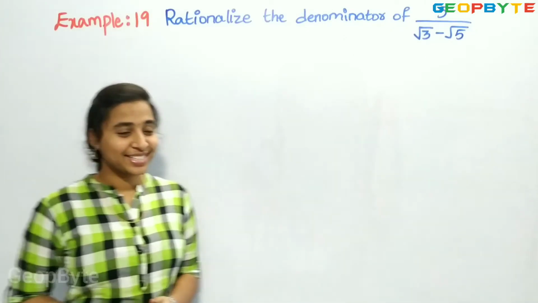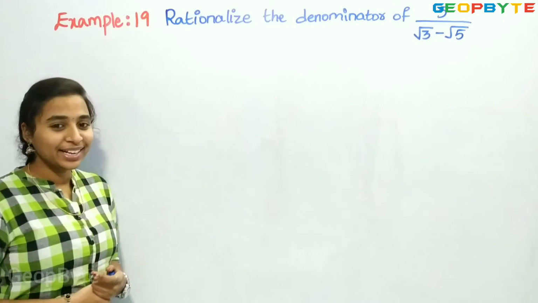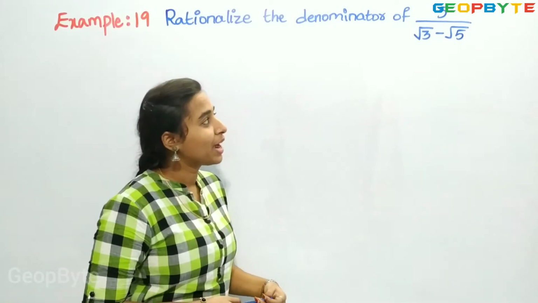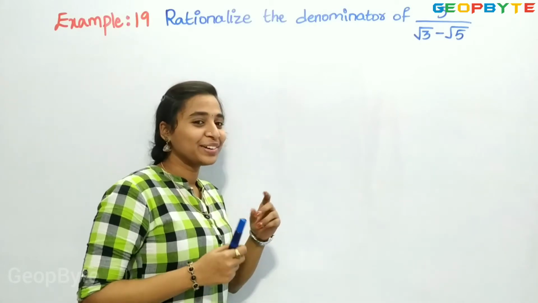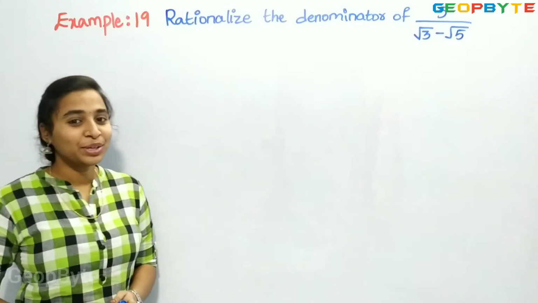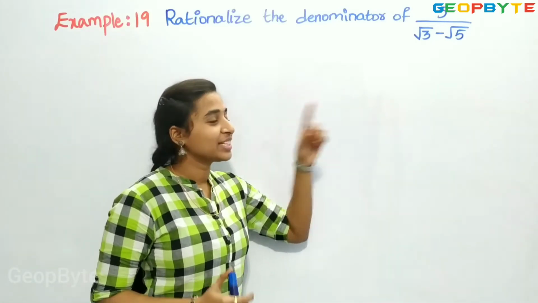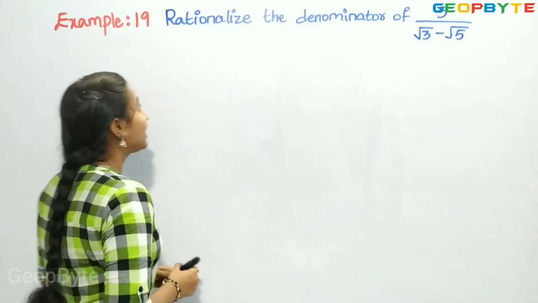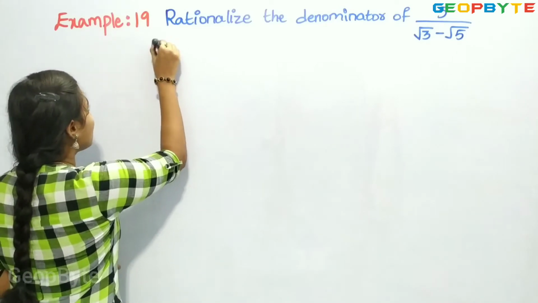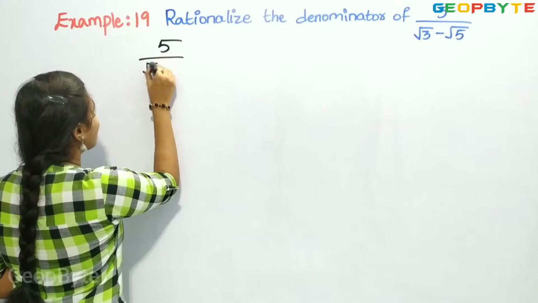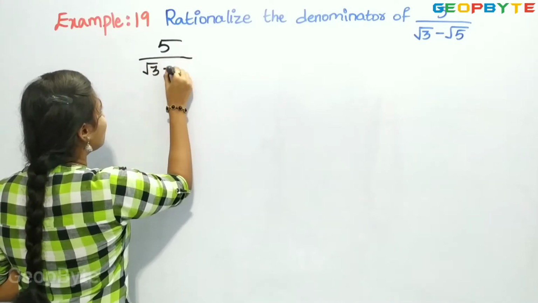Now let us see example number 19. Rationalize the denominator of 5 by root 3 minus root 5. As in the previous case, we need to rationalize the irrational number. Let us write the given question: 5 by root 3 minus root 5.